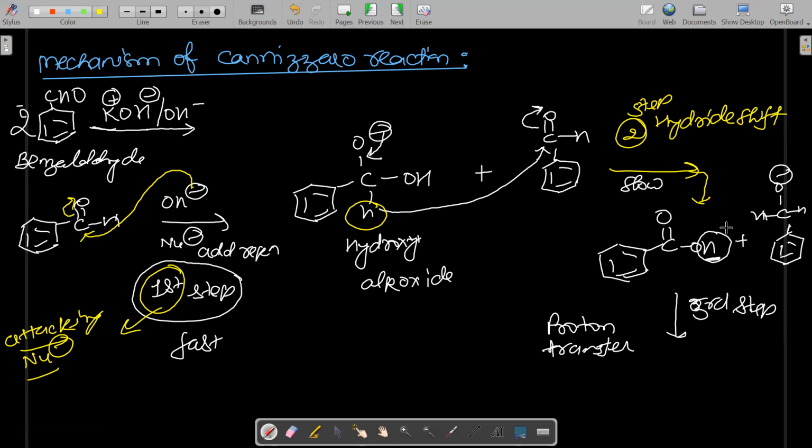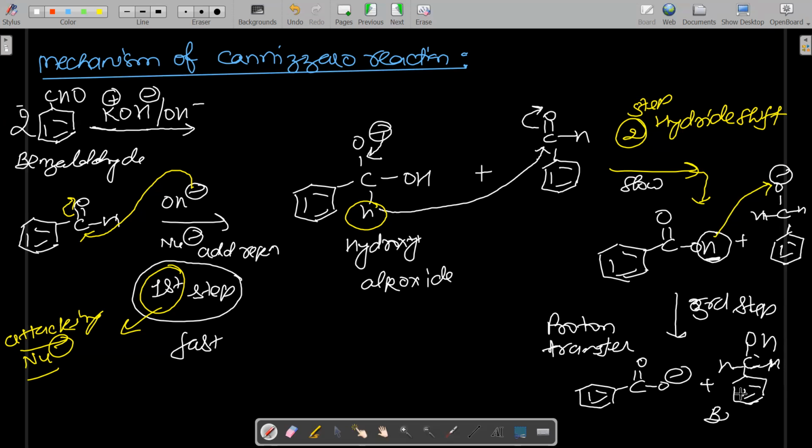This H plus shifts to this O minus, and the product we get is CO minus, and this H plus, that is the proton, shifts to the second molecule, and hence we get CH, H and OH, which is benzyl alcohol, that is C6H5CH2OH.